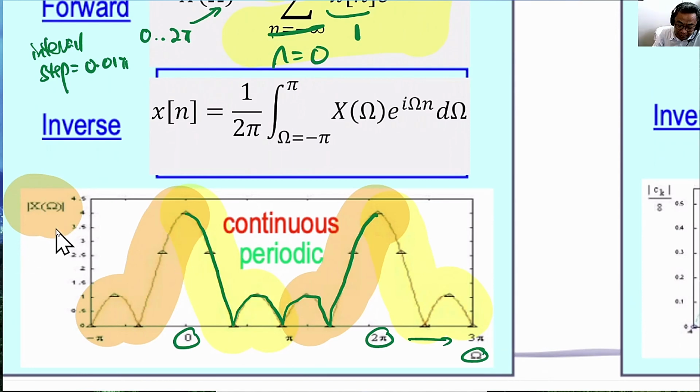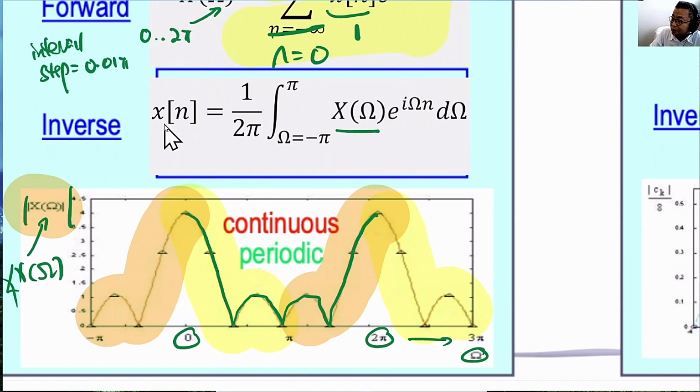Now, X of omega is a complex number. So typically, we have to plot both the amplitude in this example as well as the phase. So we have 2 figures, one plotting the amplitude and one plotting the phase. Now you see that X of omega is continuous.